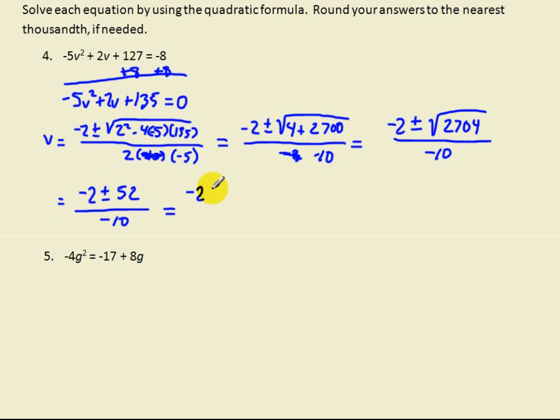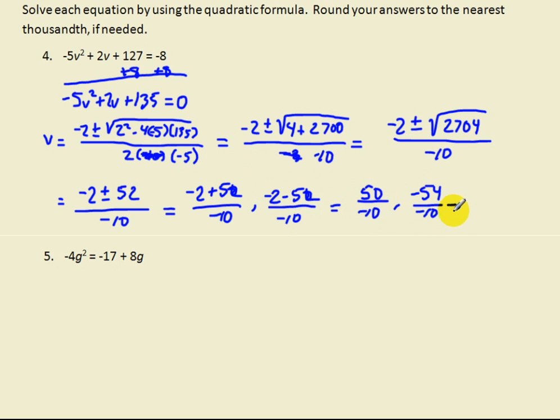So we have negative 2 plus 52 over negative 10, or negative 2 minus 52 over negative 10. So this is equal to positive 50 over negative 10, or negative 54 over negative 10, which gives us negative 5 or positive 5.4.